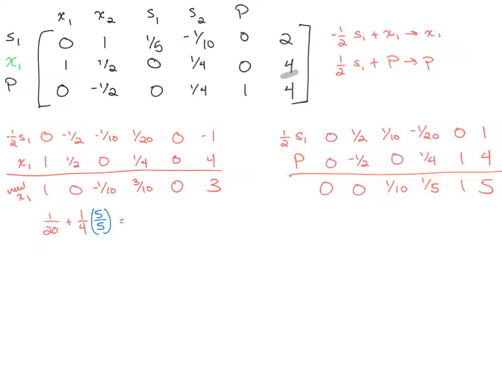So this would be 1/20 plus 5/20, and now that they have a common denominator, I can add the numerators together to get 6/20, and then I can reduce that by dividing the top and the bottom by 2 to give you 3/10. And something very similar happens over here.